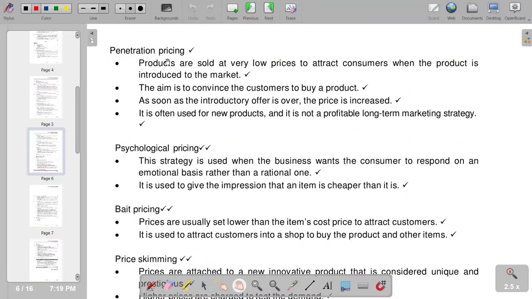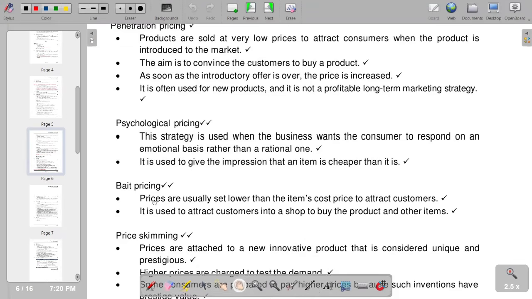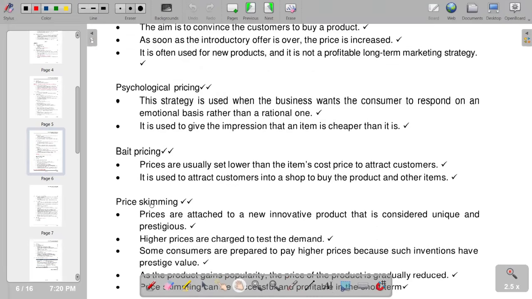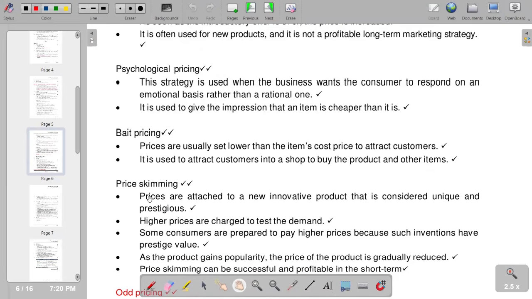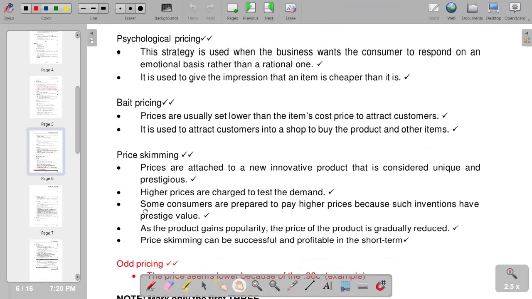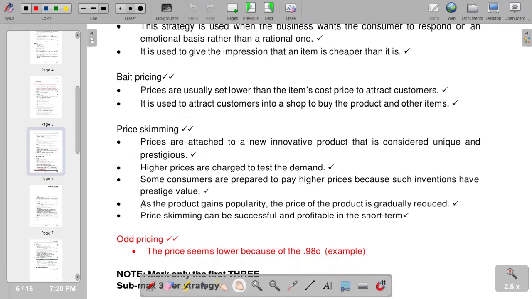We also have penetration pricing, psychological pricing, paid pricing, price skimming. Lastly, we've got odd pricing.